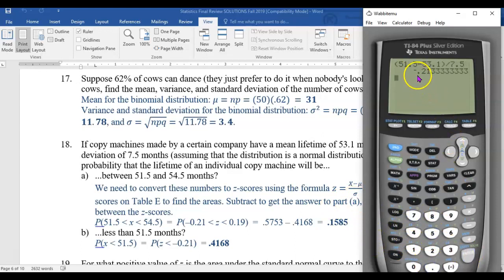And that came out to be negative 0.21333, but these z's, we want to round them to 2 places after the decimal point. So it's about negative 0.21.